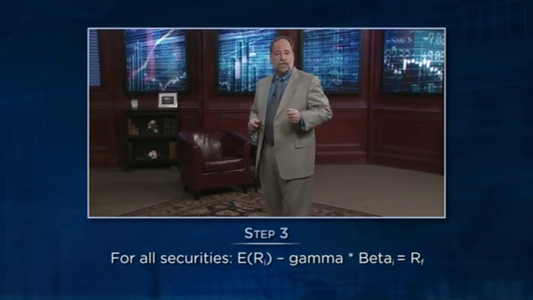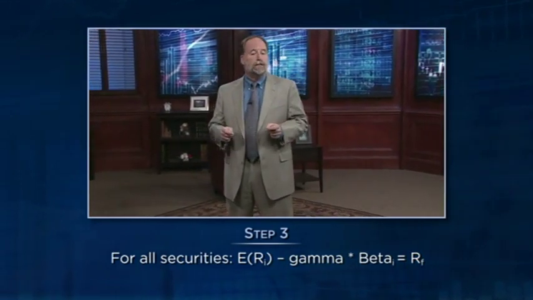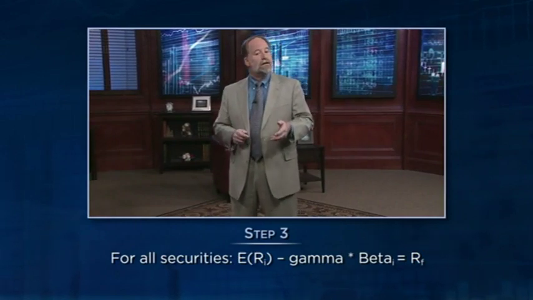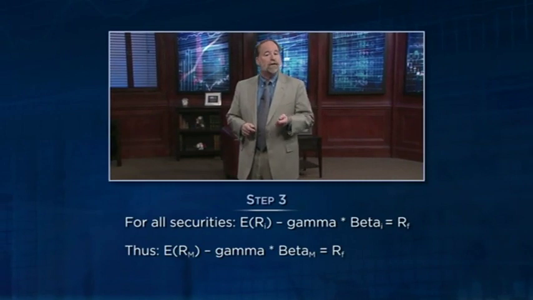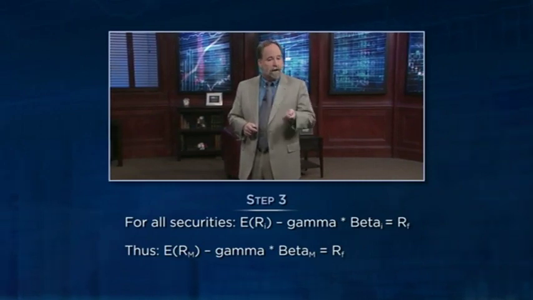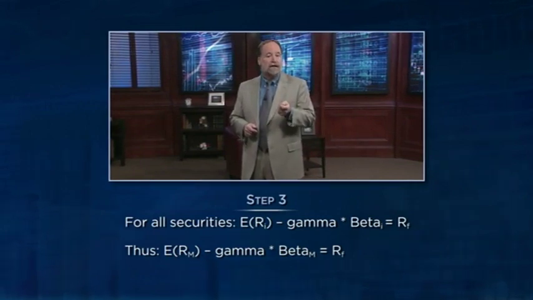If this last expression holds for every security, it must hold for even efficiently priced portfolios, including the market portfolio itself. Thus, for the market portfolio, we're going to have the expected return on the market portfolio minus gamma times the beta of the market portfolio equals the risk-free rate.